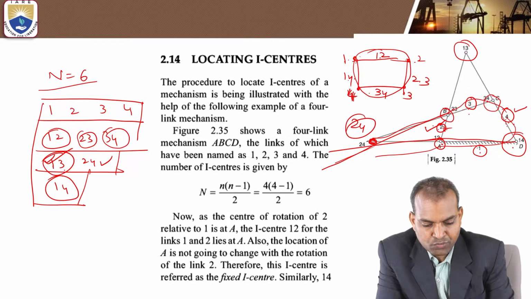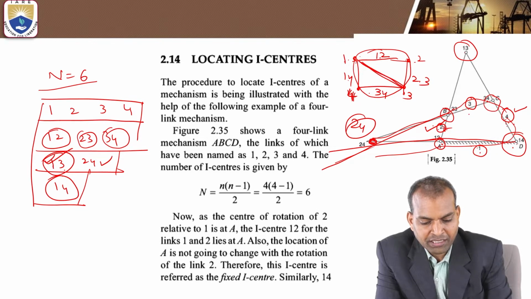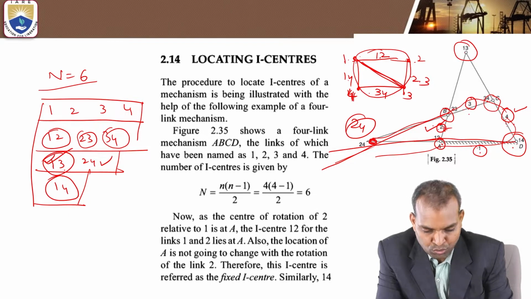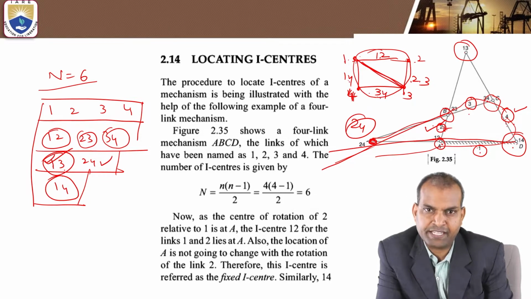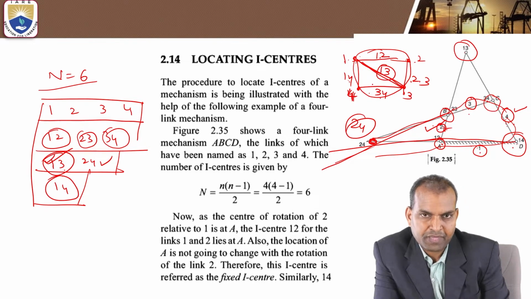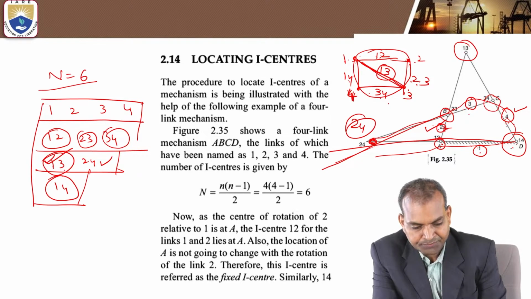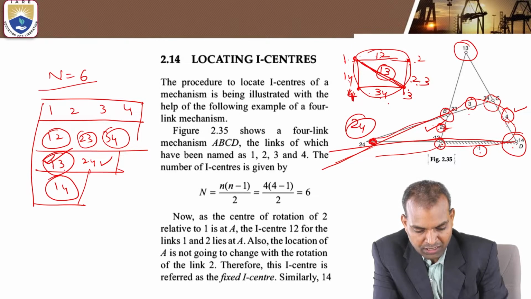But 1-3 is available as the joining of two triangles. What are they? 1-2, 2-3 and 1-4, 3-4 sides. This 1-3 diagonal comes by joining these two. So extend 1-2 and 2-3. This is 1-2 and this is 2-3.